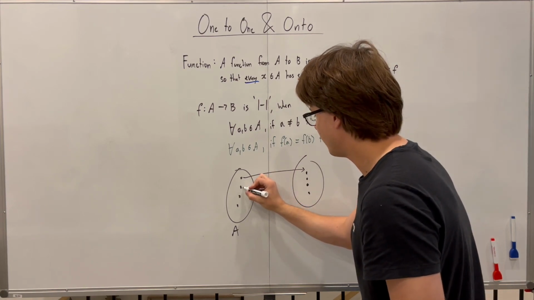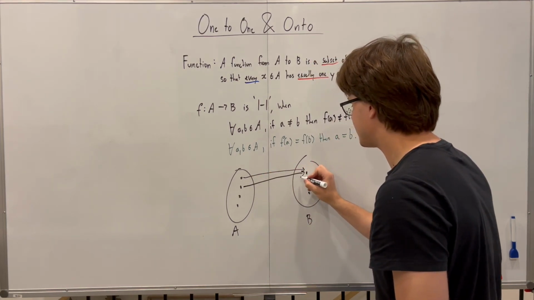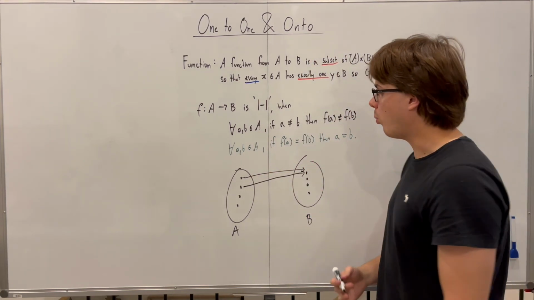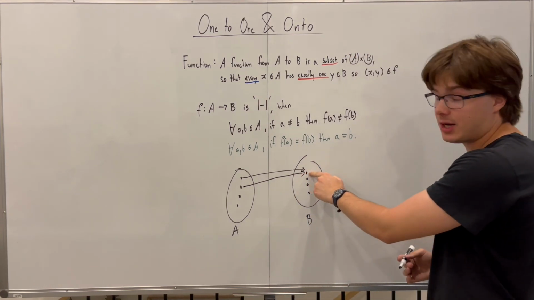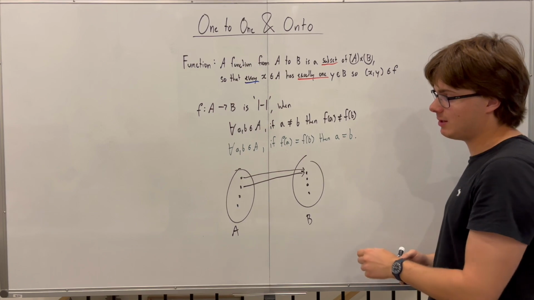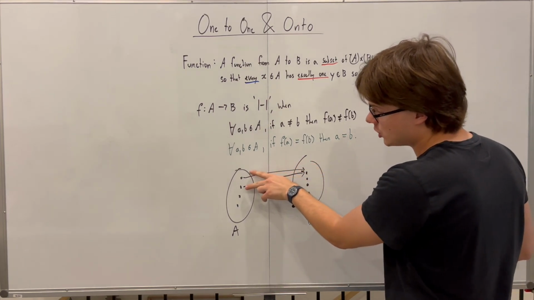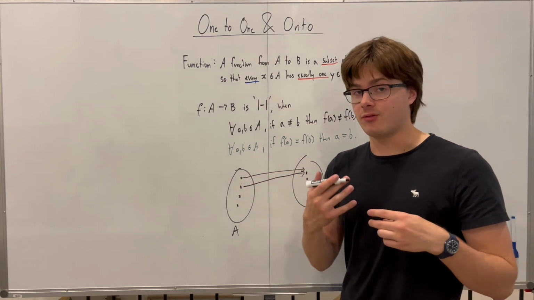This means that, for example, this is not one-to-one because f of a and f of b here are the same, right? The arrows go to the same location, but they originate from two different elements.